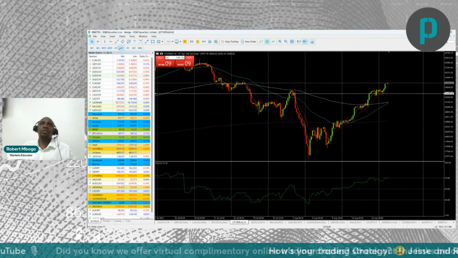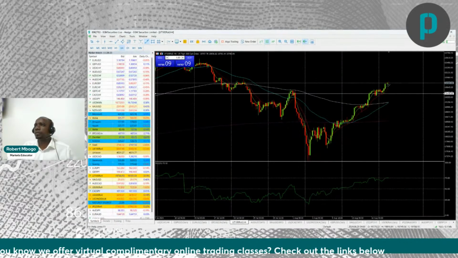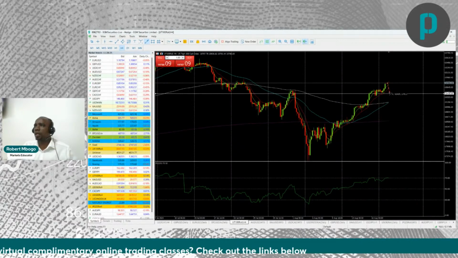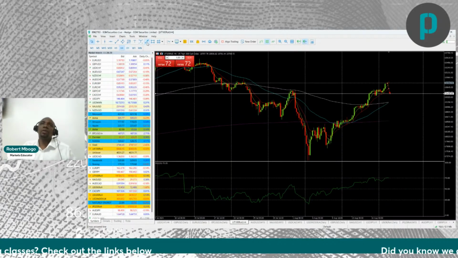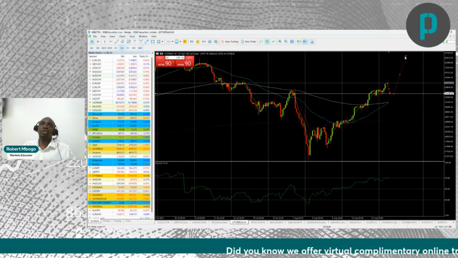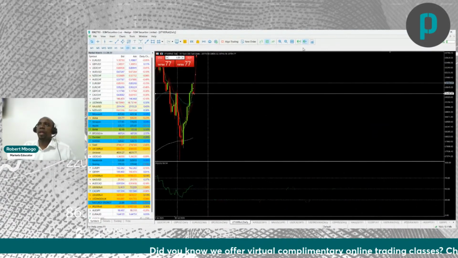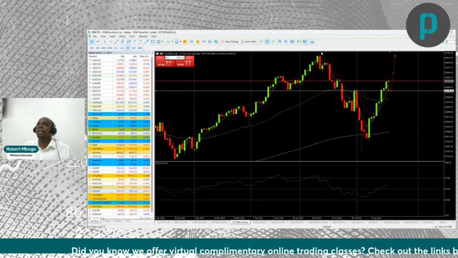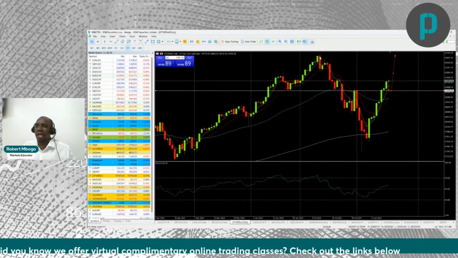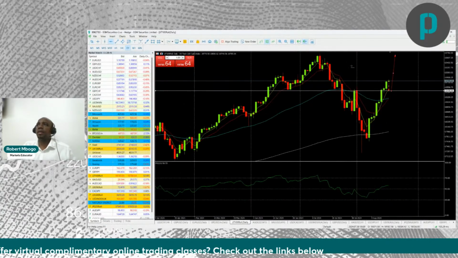So a test of this low from where we are before a continuation of the bullish push to this high, which was last month's high.